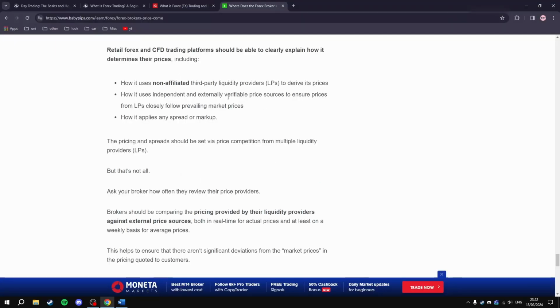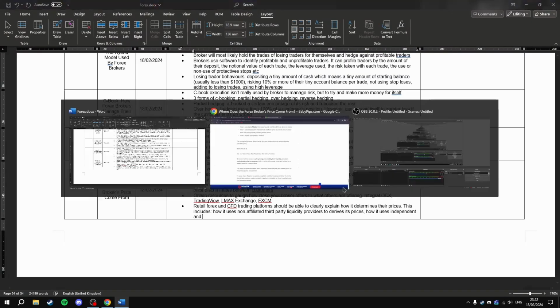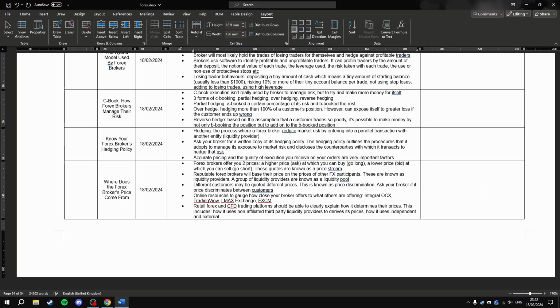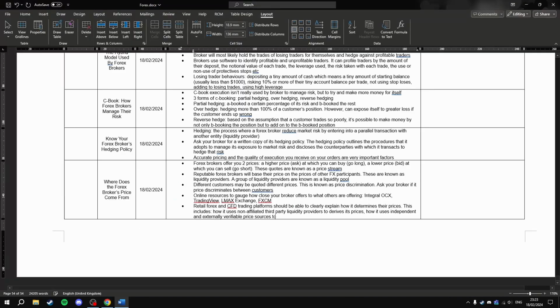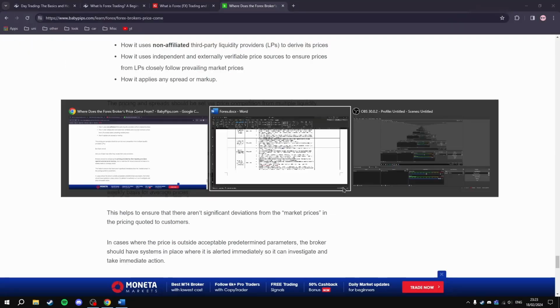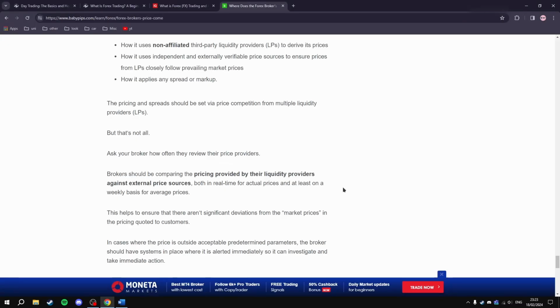It includes how they use independent externally verifiable price sources to ensure prices from the liquidity providers closely follow prevailing market prices, and how they apply any spread or markup.